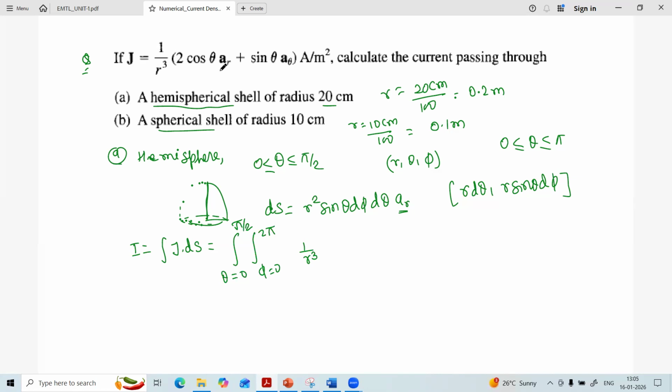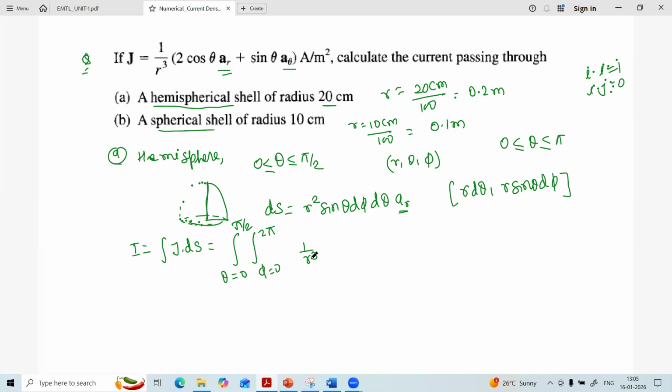Here we have two components of the current density, one along a_r and one along a_theta. You know a_r dot a_r equals 1, and a_r dot a_theta equals 0. On that basis, only one component remains, so the first term will be available.